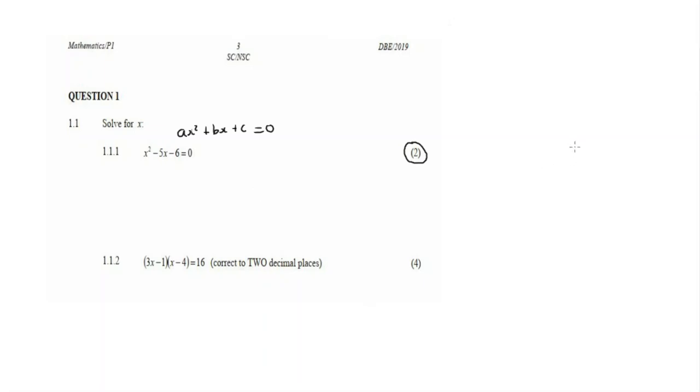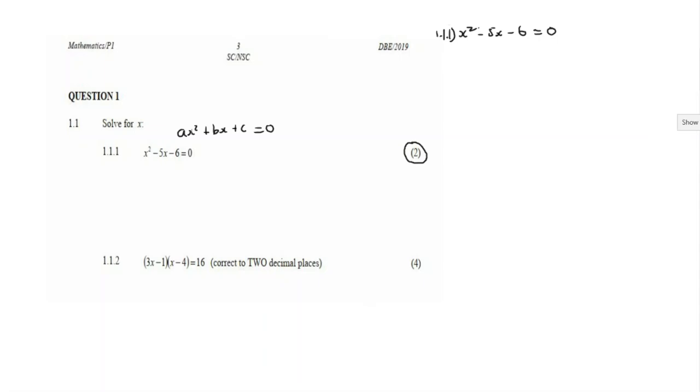So here I will use the factoring method. Now 1.1.1, our equation is x squared minus 5x minus 6 equal to 0. Basically I want two numbers that when I multiply them give minus 6, and when I add the same numbers give negative 5.